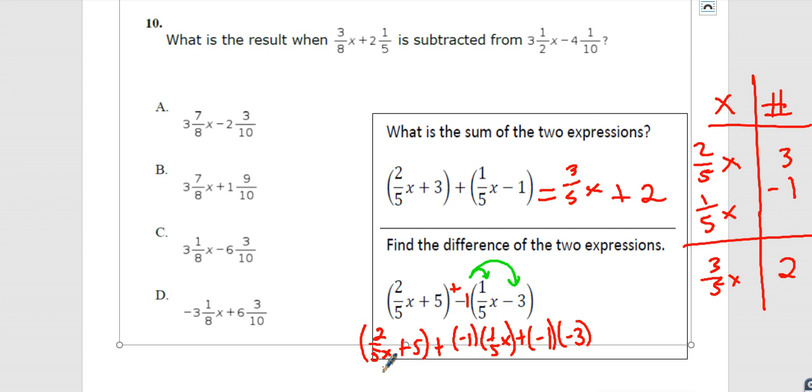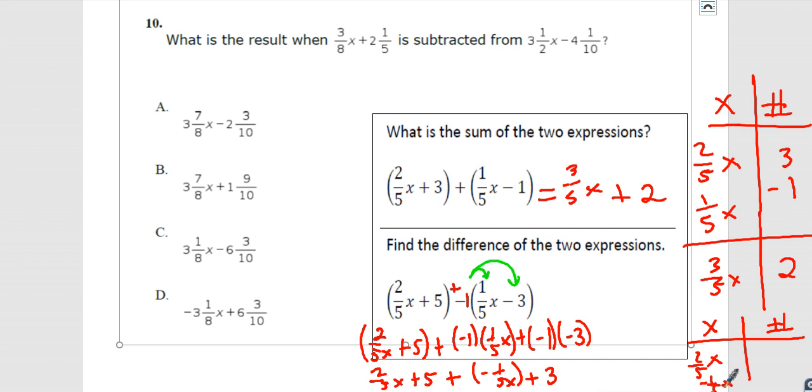So that's 2/5 x plus 5 plus, I'm changing the sign, -1/5 x plus, changing the sign, 1 times 3 is +3. Now again, if I have my x column and my number column, I have 2/5 x, I have -1/5 x this time.